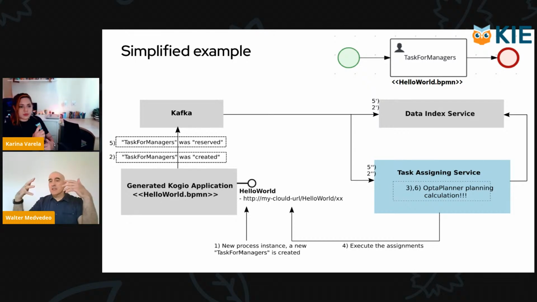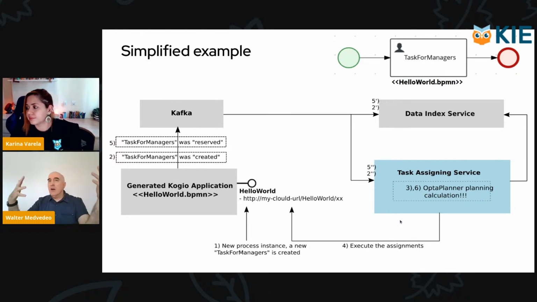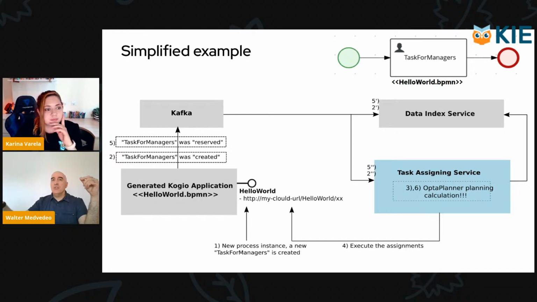So when the task assigning service starts, we need to know what we have in the system, and the data index is the Kogito service that is keeping the information about all the user tasks, all the processes that you have in your system.